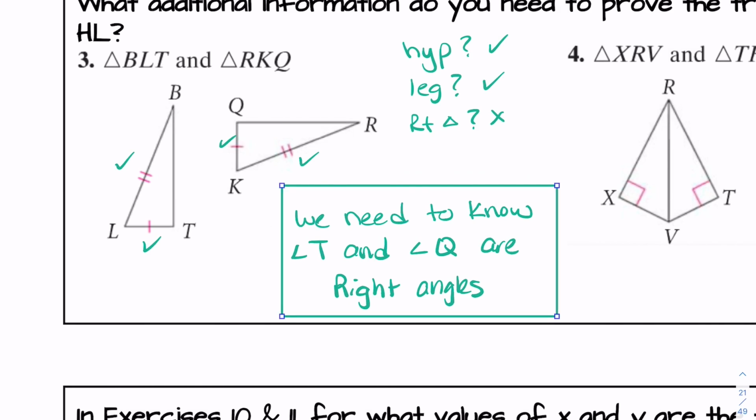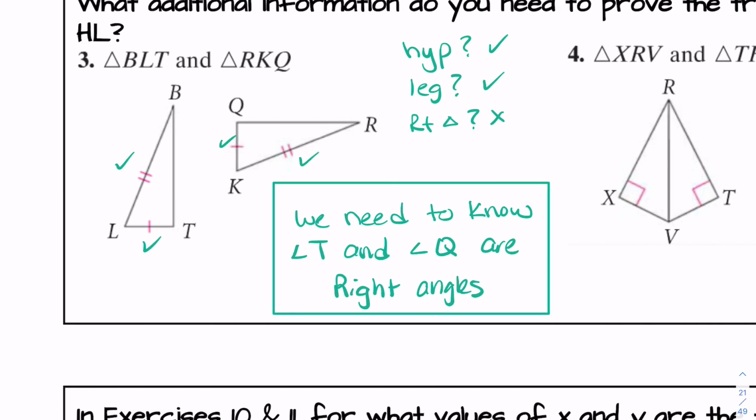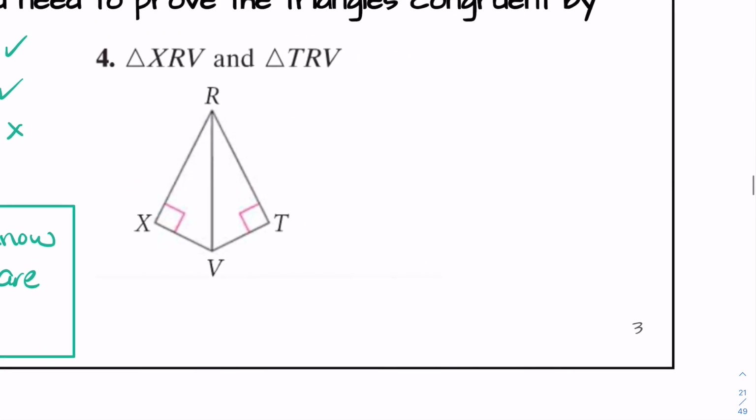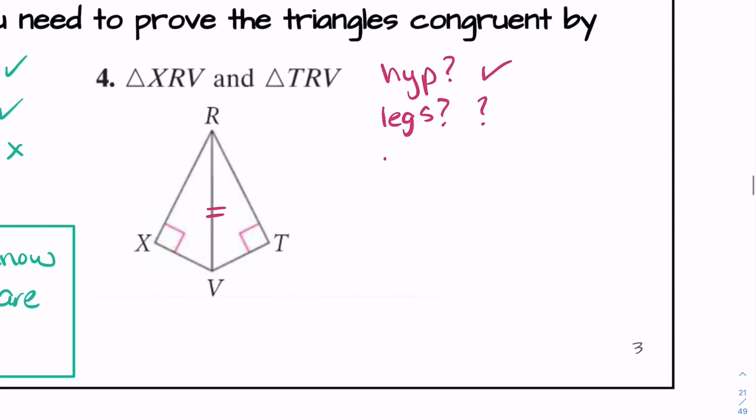And we're done. Here in this one, this is a shared side. It looks like the hypotenuse. So do I have my hypotenuse? Yep, my two hypotenuses, one in each triangle. Do I have my legs? My legs, I don't see them. And then do we have my right triangles? And the answer is yes.